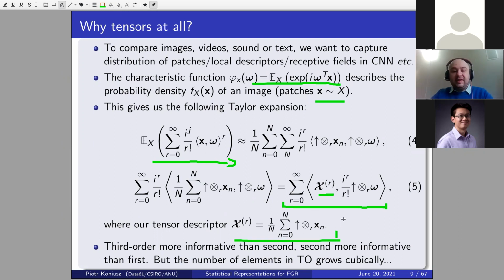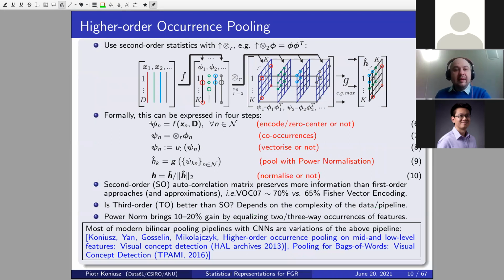In my experience, third order tensors are more informative than second order tensors, but the issue is, as I mentioned already, the number of elements in a third order tensor grows cubically, which is not good. It's hard to reliably estimate them. The typical fine-grained pipeline that uses high order statistics essentially follows this figure over here.